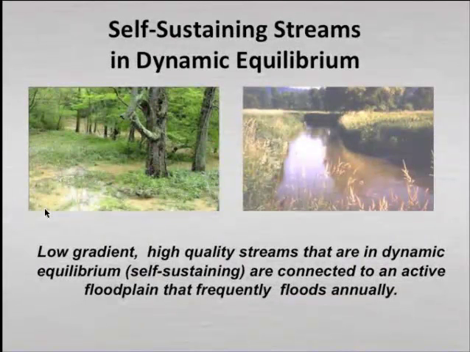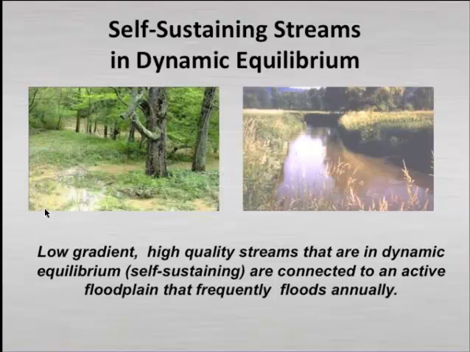So I just want to take a quick moment to talk about what most natural streams in this setting will look like. In the low gradient upper Midwest, a natural stream system would typically have a main channel that contained all of the low flows, and then a floodplain where the larger flows would come out and spread out across, usually a vegetated floodplain, often many, many times per year.